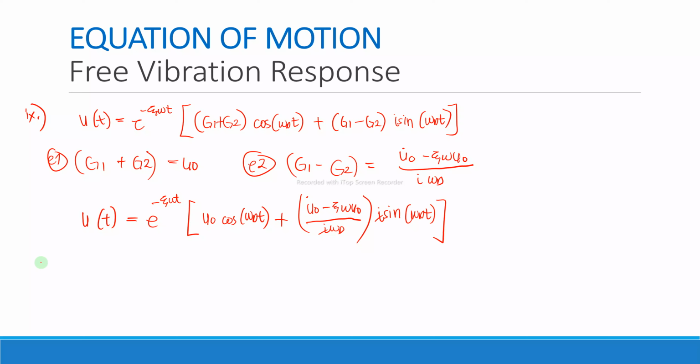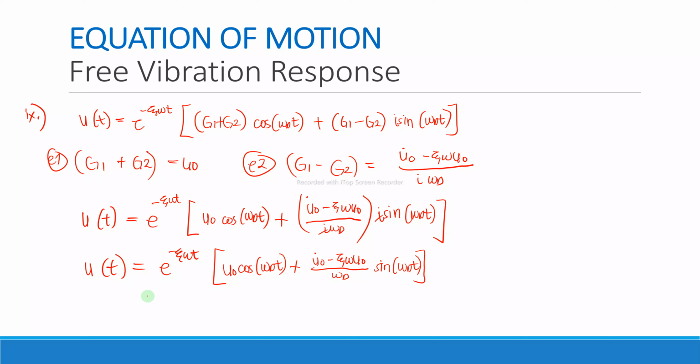And eventually, u of t is equal to our general solution for the differential equation. For the underdamped condition, we have e to the negative psi omega t times quantity u naught cosine omega dt plus u dot naught minus psi omega u naught over omega d times sine omega dt.